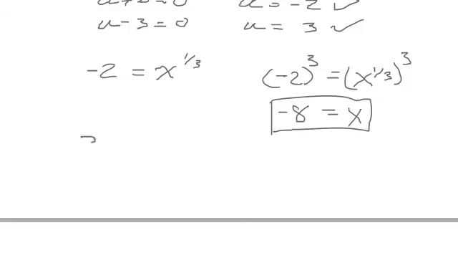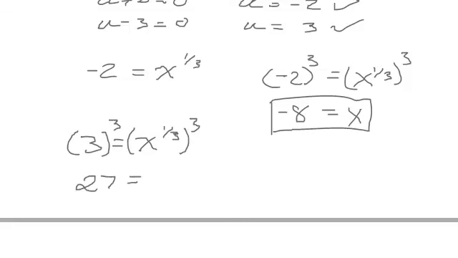So u is 3, but remember, it's equal to x to the 1/3. That's a 3 there. That thing was morphing into a 5, it looked like. And so then what we do is we go ahead and I guess I'll just do it right here. We shall cube both sides, and this becomes 27 is equal to x.